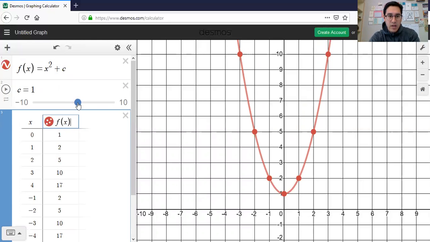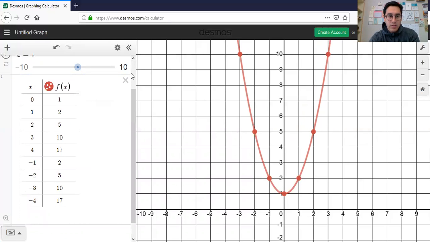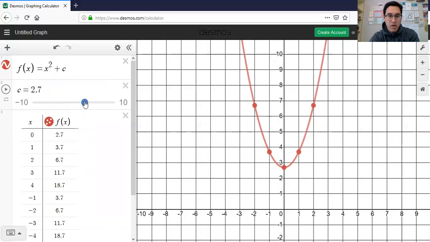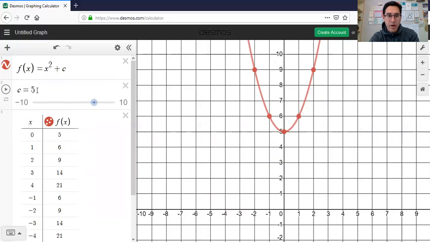So as I make that constant a larger number, right, you can see all the points are moving up. I'll stop at 5, and then you can see that that vertex point, or the point where it crosses the y-axis, is at 5.